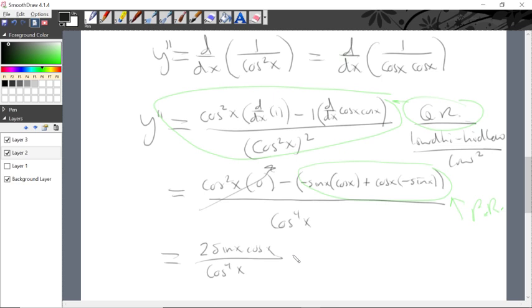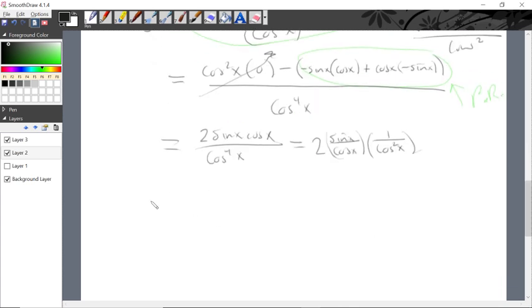We can cancel a cosine with a cosine. We have 2 times sine x over cosine x. We cancel a cosine with one of these cosines, and then there are 2 more cosines in the denominator, so I'll call that 1 over cosine squared x.